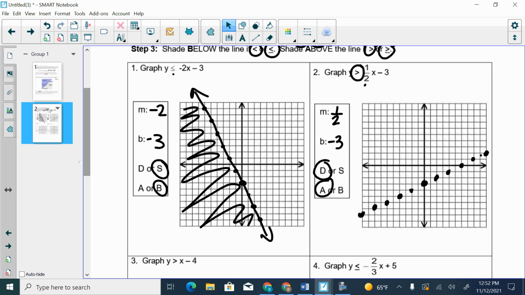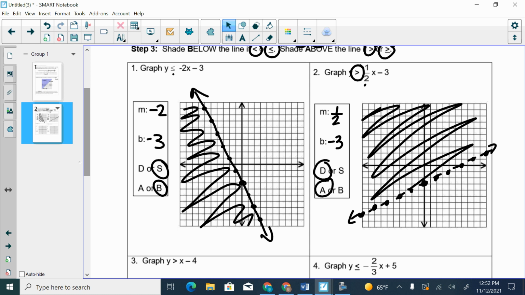So it needs to be dashed. Okay, and where did we say we wanted to shade this time? Above. So everything that is above that line is where I'm going to shade. So all of this area up here is where we shade. So any point that would fall where we just shaded would be part of our solution.